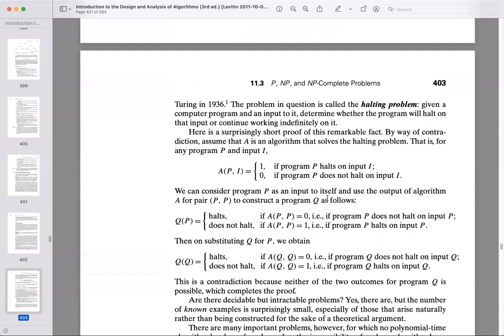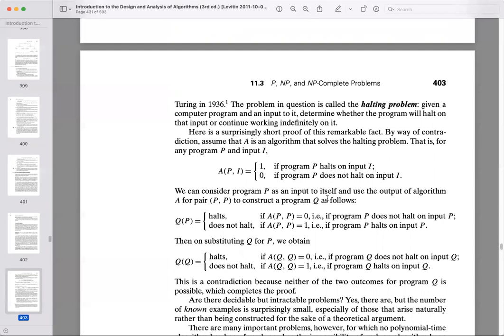The proof of this is surprisingly short. It's a proof by contradiction. Assume that A is an algorithm that solves the halting problem, that is, for any program P and input I, A will return a 1 if the program P halts on input I, and it will return a 0 if it does not halt.